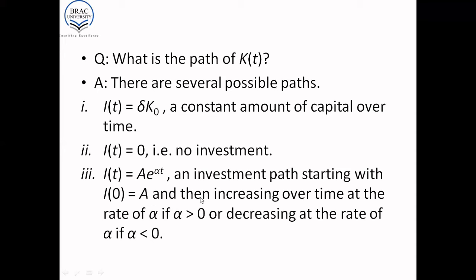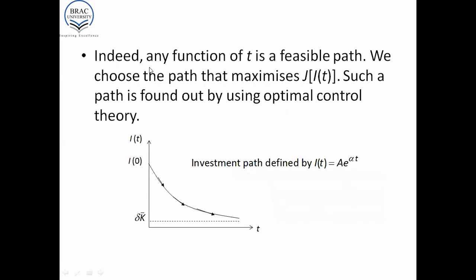And then it increases over time at the rate of alpha, if alpha is greater than 0, or it decreases over time at the rate of alpha if alpha is less than 0. Indeed, any function of t is a feasible path. We choose the path that maximizes the functional J. Such a path is found by using optimal control theory.